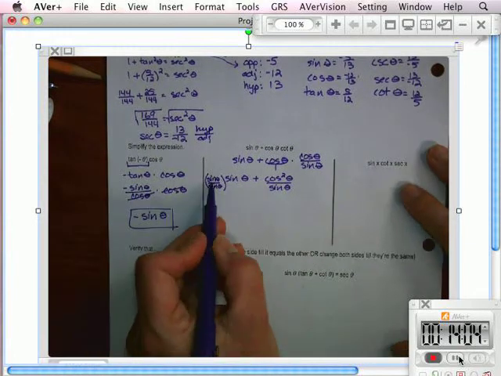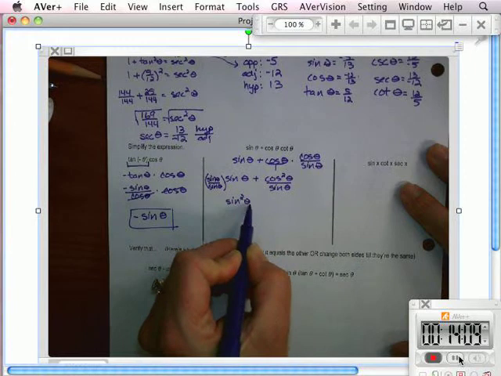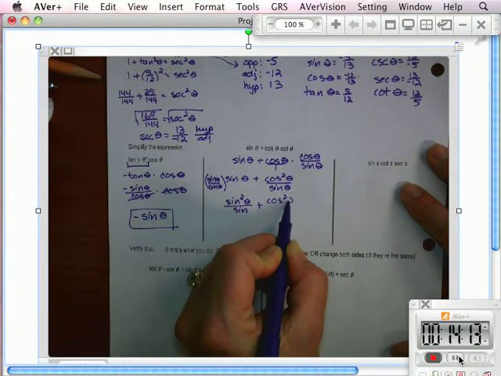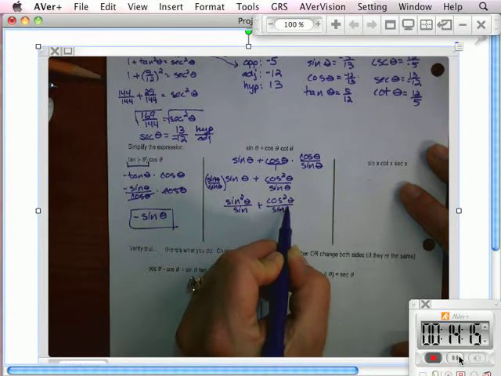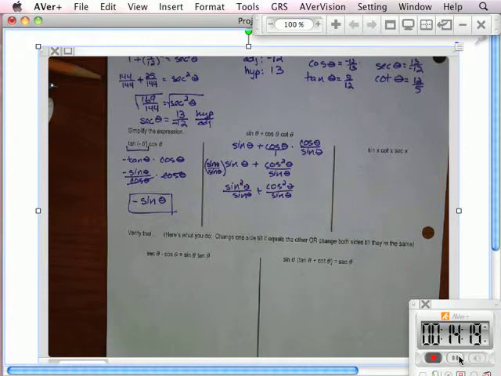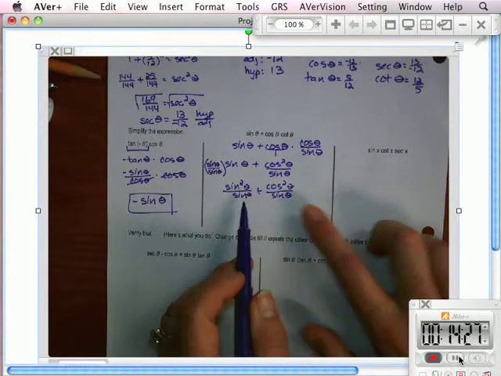So now what I have is, I'm going to leave it like this. I'm not going to simplify this quite yet. Since they have the same denominator, I can combine these fractions to look like this.